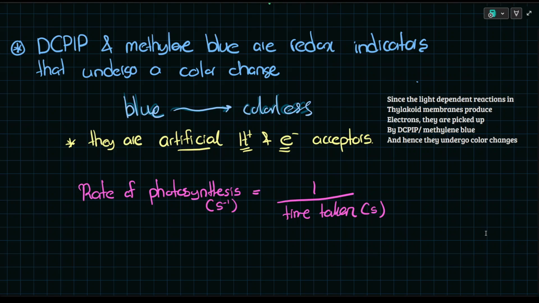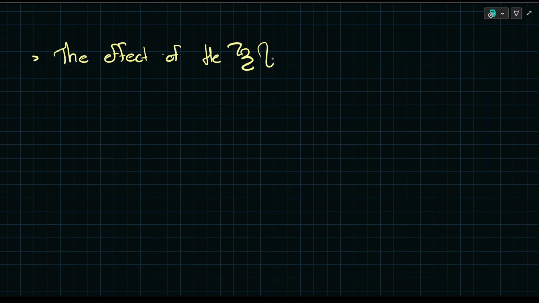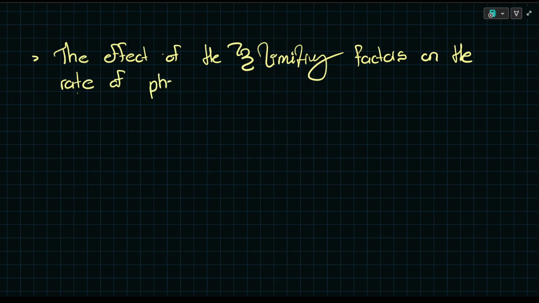Now, using this little bit of information, we can develop a very small experiment to figure out the effect of the three limiting factors on the rate of photosynthesis.